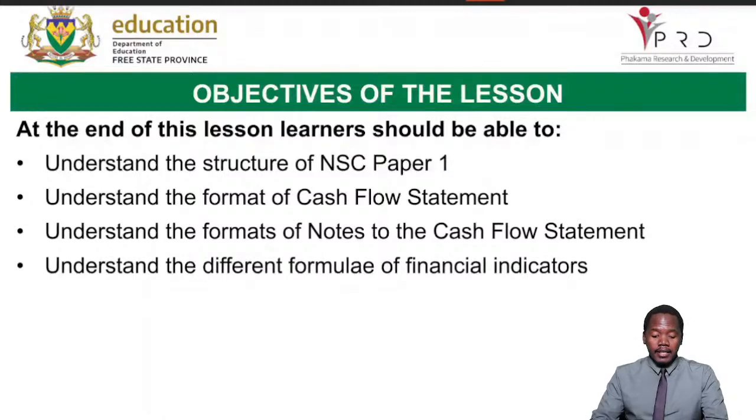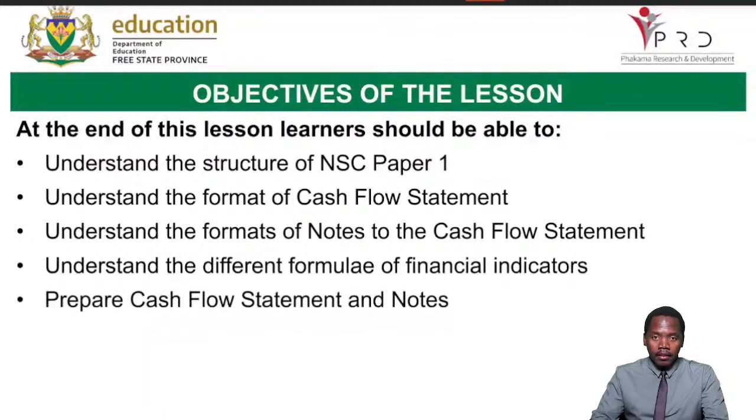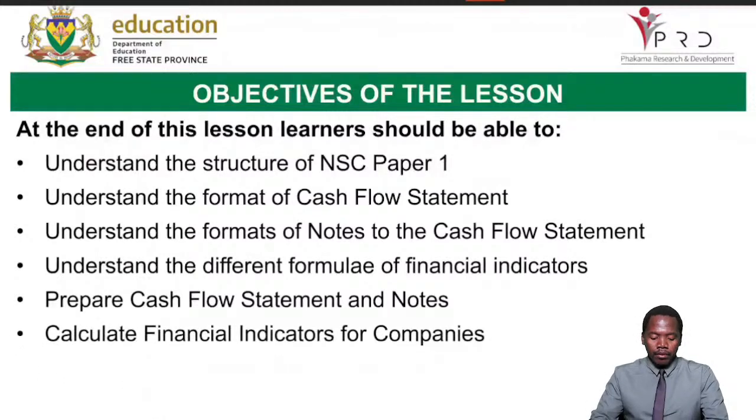We should understand the different formulae of financial indicators. We are also going to be able to prepare the cash flow statement and the notes, as well as the calculations for the cash flow statement. We are also going to be able to calculate the financial indicators for companies.